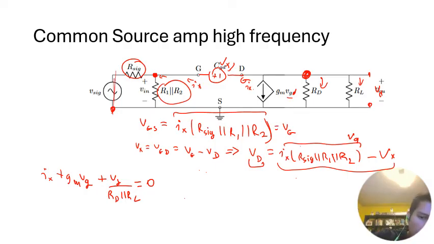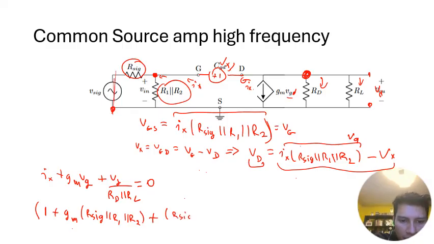So we're going to get 1 plus GM times R sig in parallel to R1 parallel to R2, plus, so VD, we're going to have R sig in parallel to R1 in parallel to R2 divided by RD in parallel to RL.